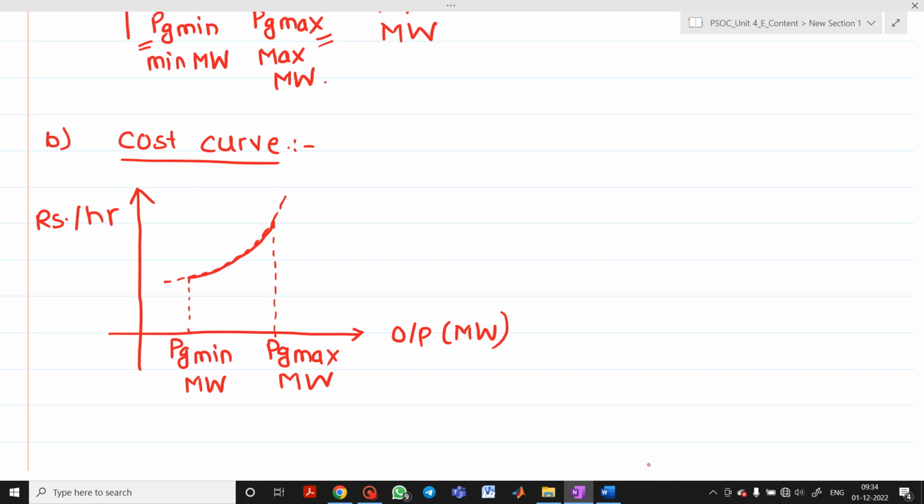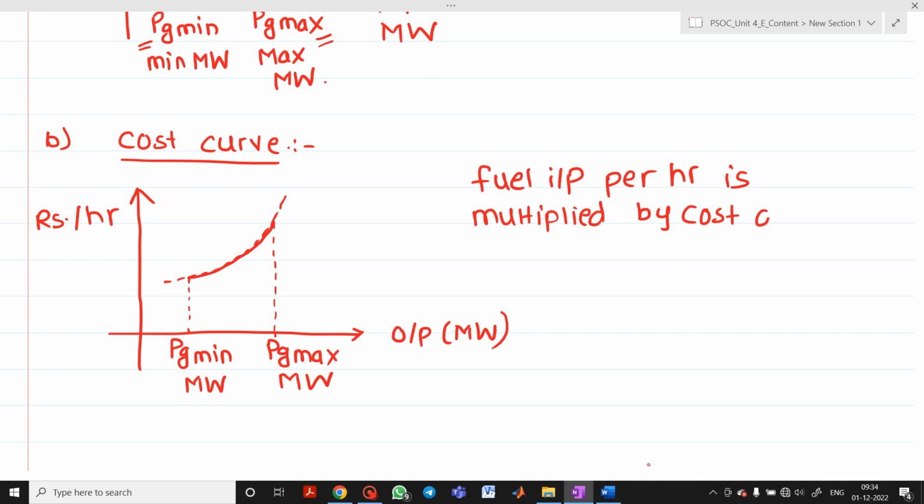In order to convert this input output curve into a cost curve, what we have to do is take the fuel input per hour and multiply it by the cost of fuel. What is the cost of fuel here?